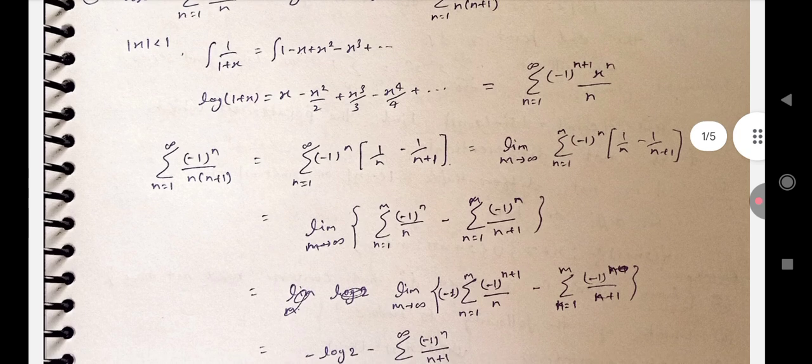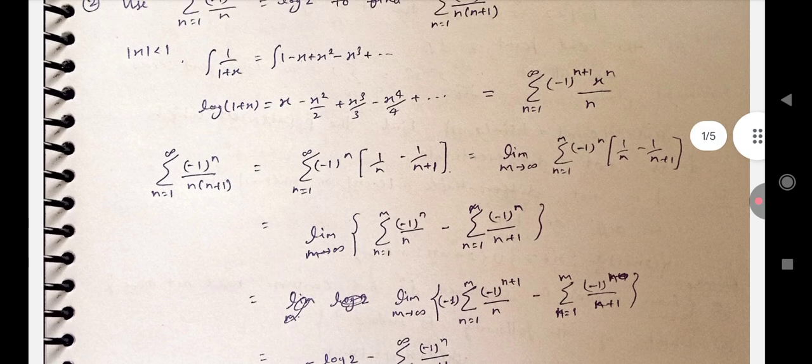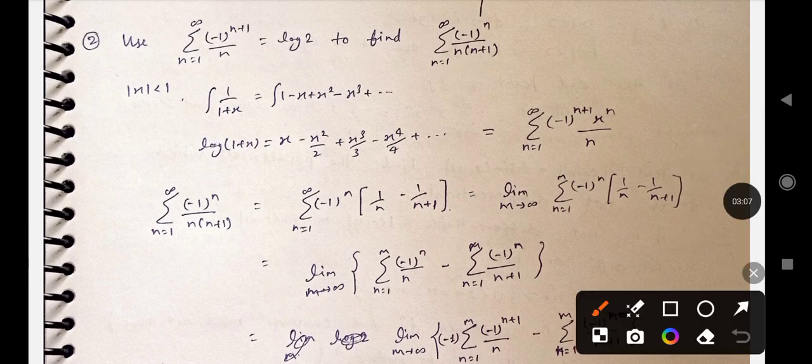Then we know integration of 1 upon 1 plus x is log 1 plus x, and integration of these ones. So we will get like this. After that, we need to find the convergence of the given series, minus 1 power n upon n into n plus 1. So we can write this like this.